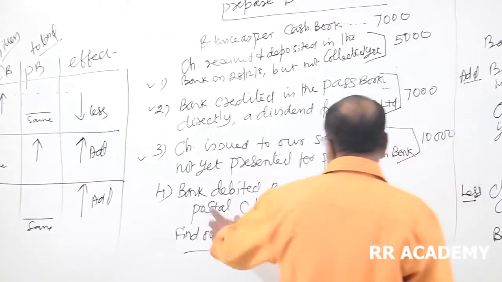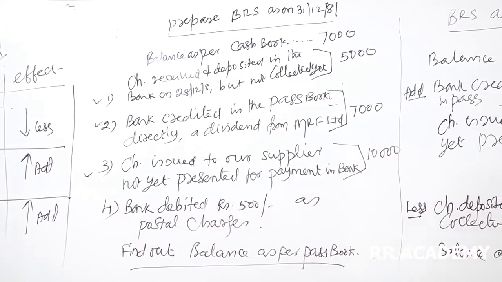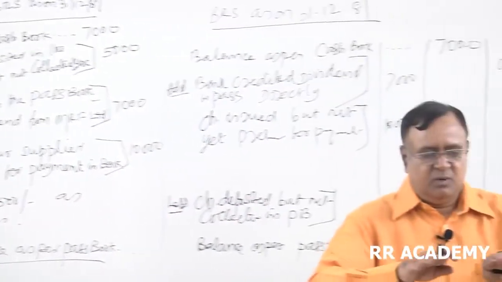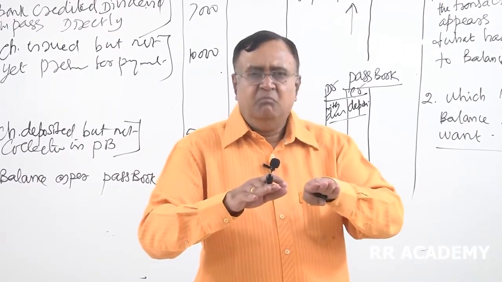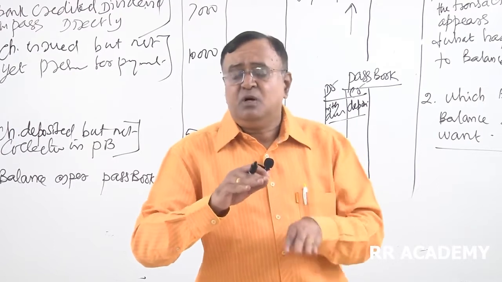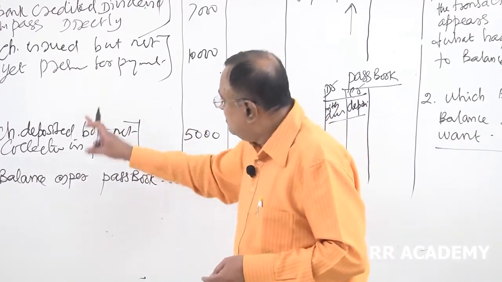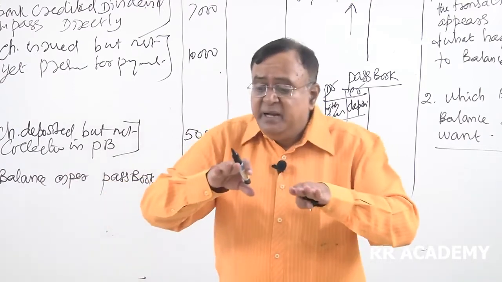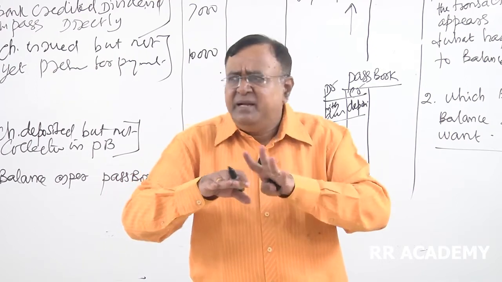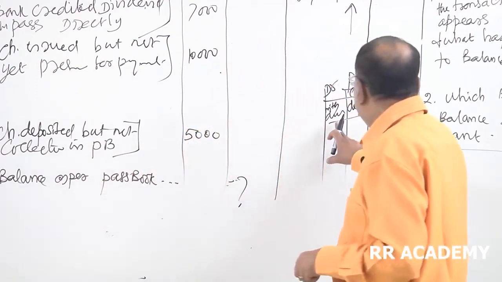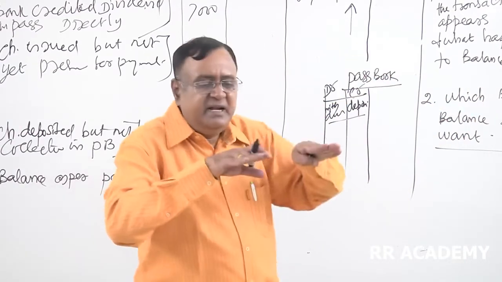Okay, last one. Bank debited 500 as postal charges. Cash book, passbook. Bank debited means passbook. Debited means withdrawal, so in which book is it entered first?